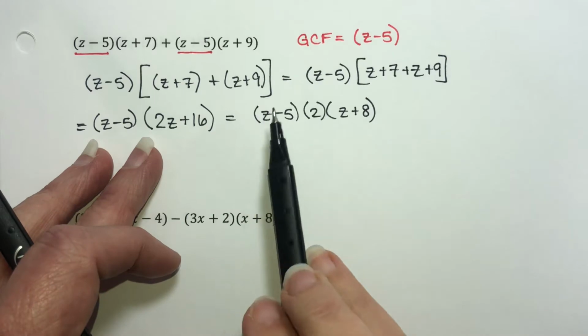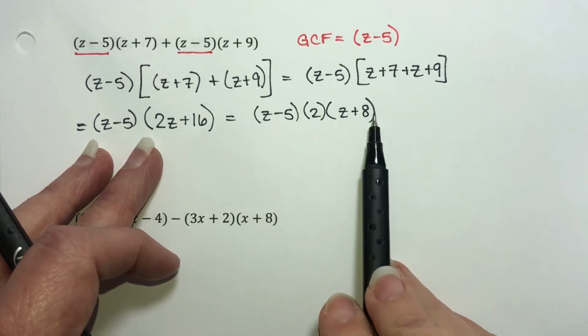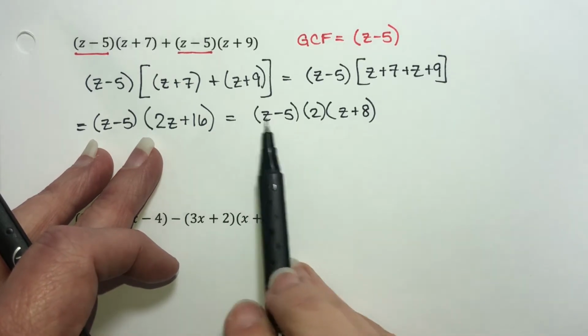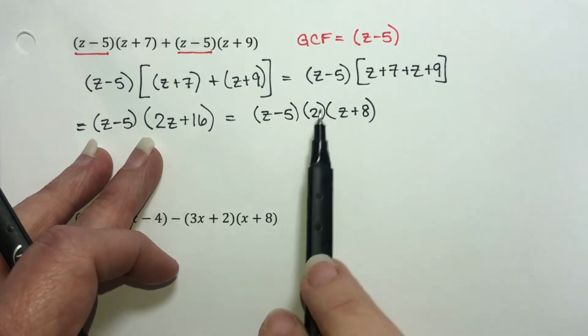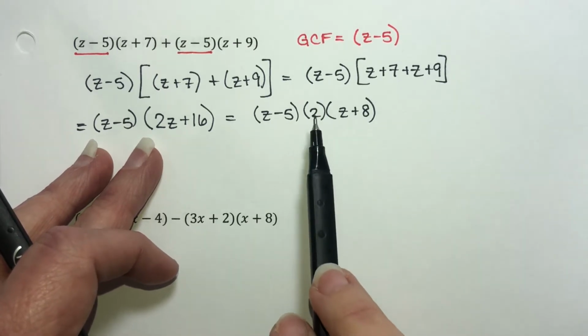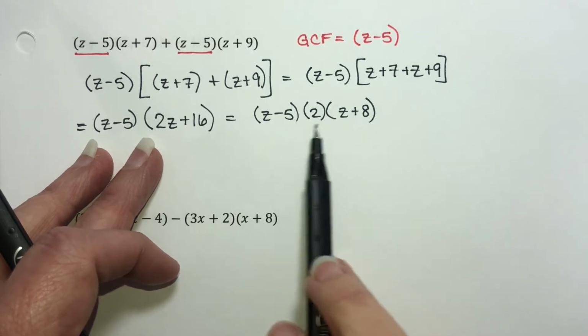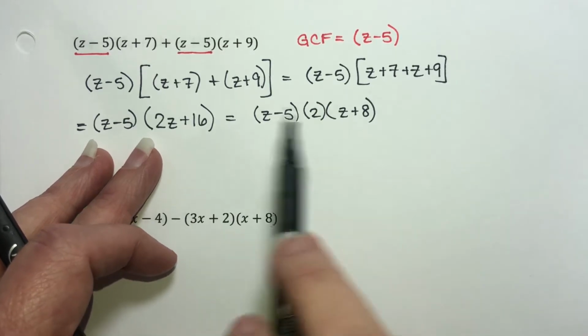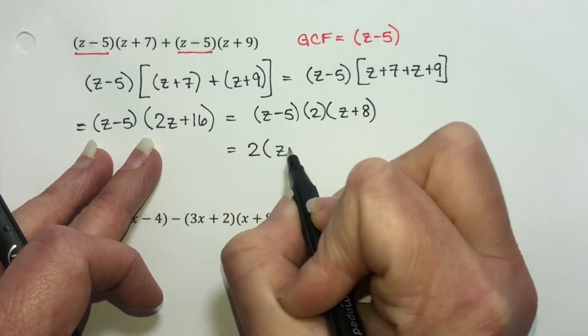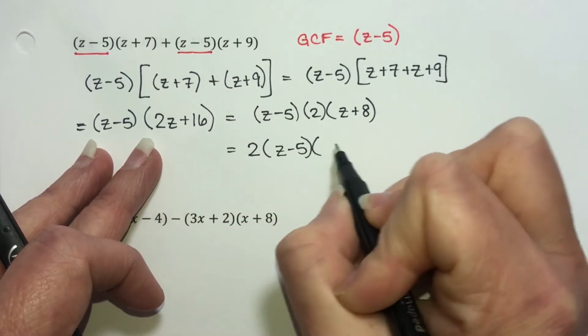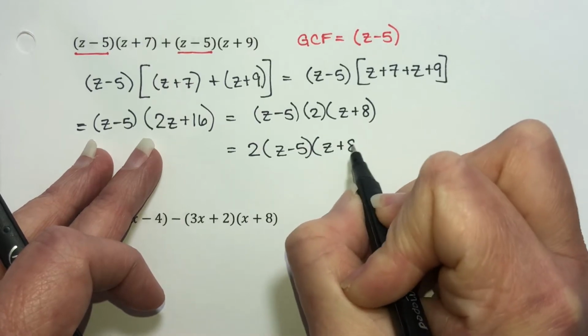Now I have 3 things multiplied together. The reason I say we don't normally write this is because when you end up with a monomial, whether this is 2 or 2z squared, whatever, as long as there's not an addition or subtraction, we always put the monomial in the front. So your answer is more likely to look like this.